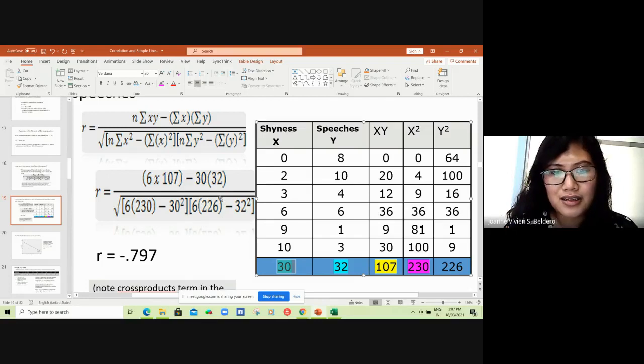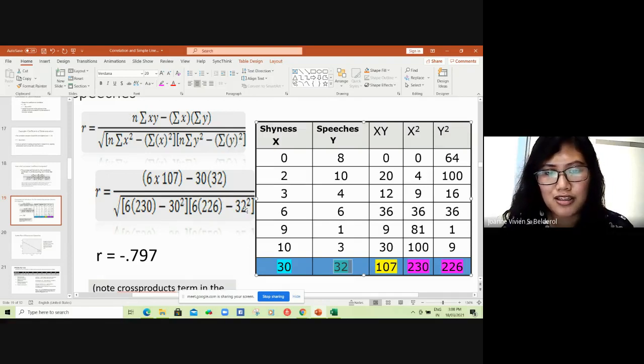And then the other term, n, 6, times the summation of y squared, 226, minus the summation of y, 32, squared.